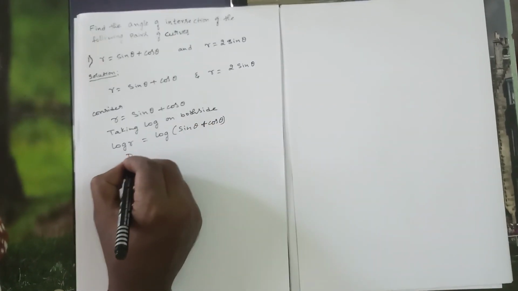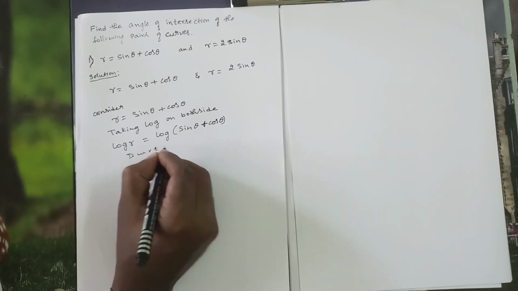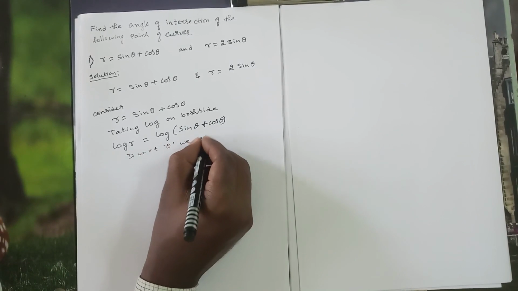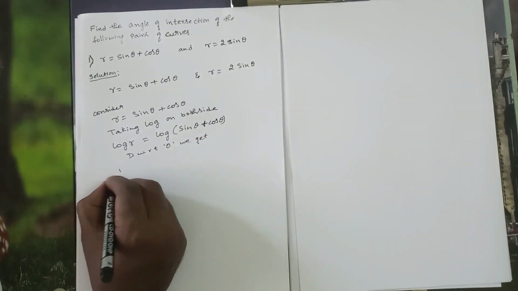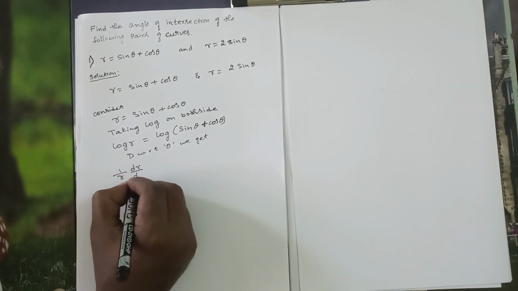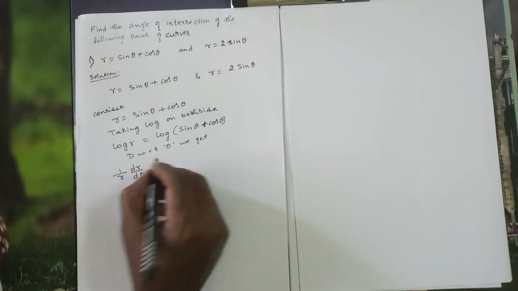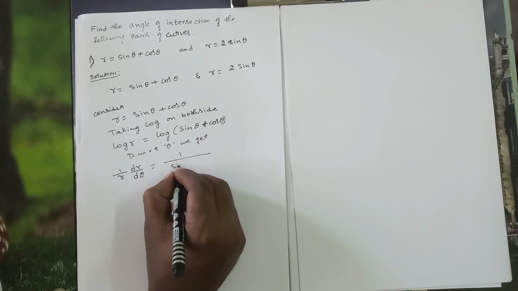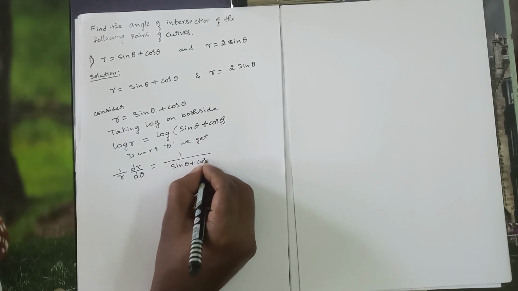Now differentiate with respect to theta. We get 1 by r into dr by d theta equals 1 divided by sin theta plus cos theta.